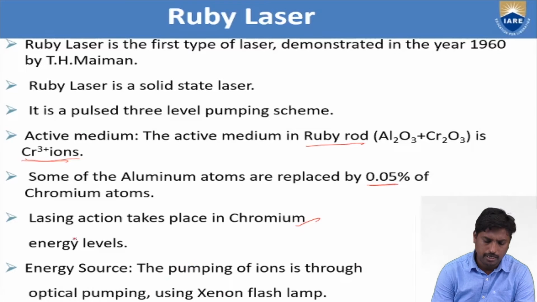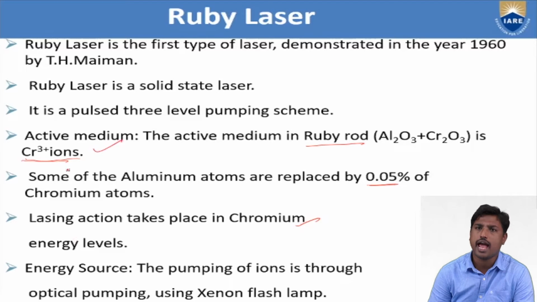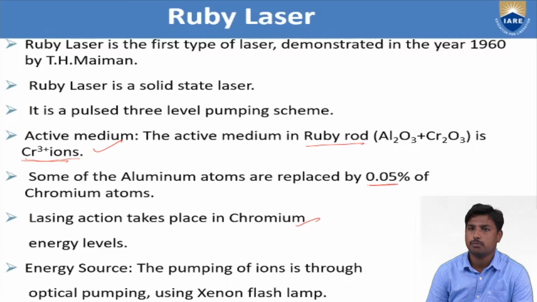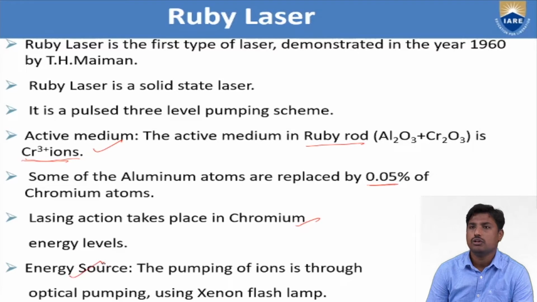These are the main parts involved in the ruby laser: first remember the active medium, then the active particles, then where the lasing action takes place, and which type of energy source is used to excite the particles from lower energy states to higher energy states.